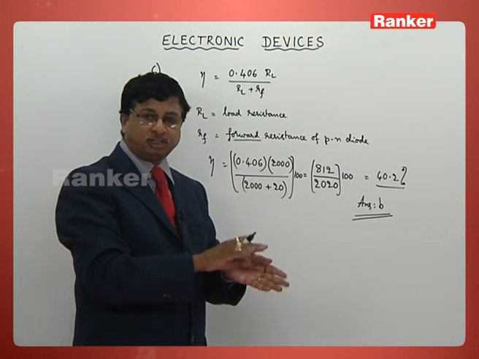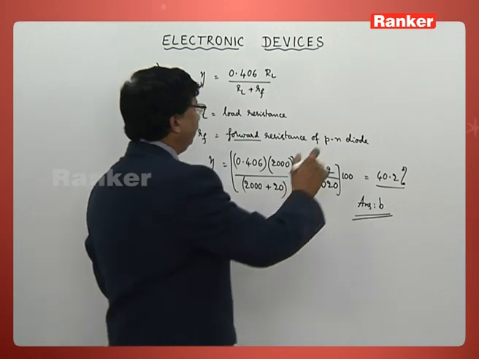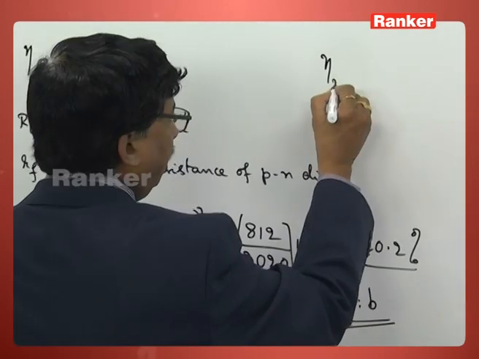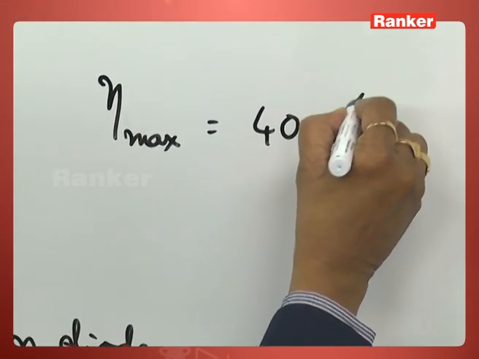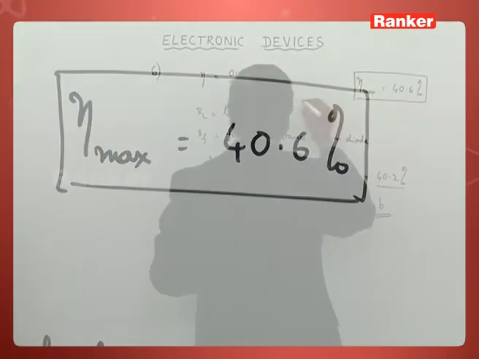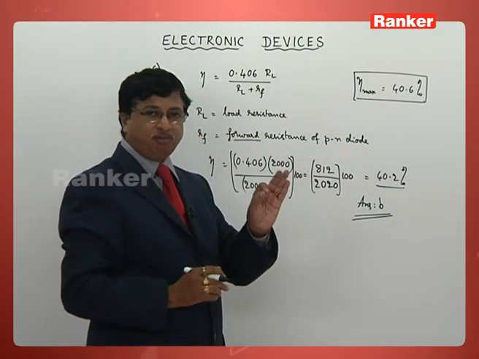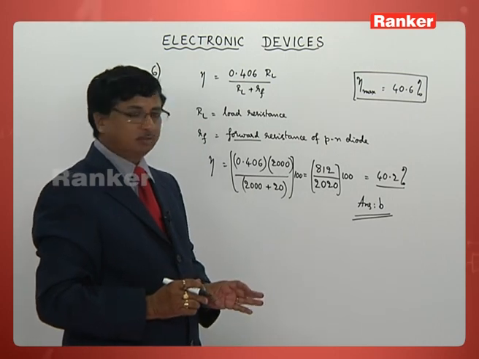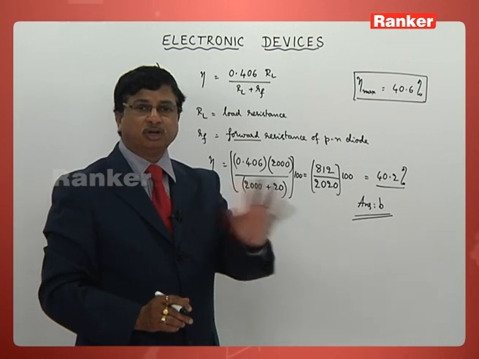If you convert that into percentage, you will get the maximum value of eta as 40.6%. So according to this formula, whenever we consider a half wave rectifier, the efficiency will not be more than 40.6%.